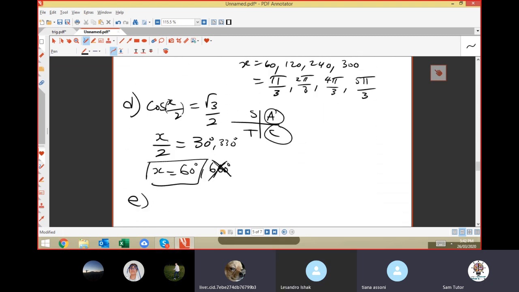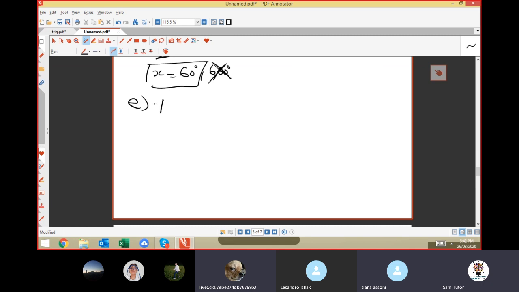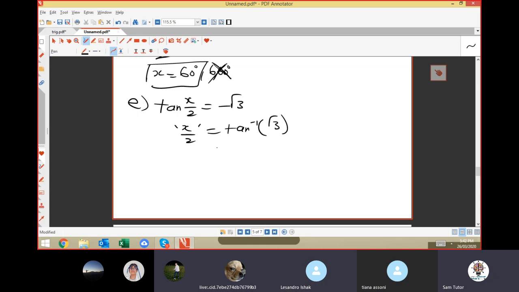B. Tan of x on 2 equals negative root 3. So I'll do this one now. I see a negative, I get worried, I do it like this. I inverse tan, just the positive case. Inverse tan of positive root 3, my answer is 60 degrees.